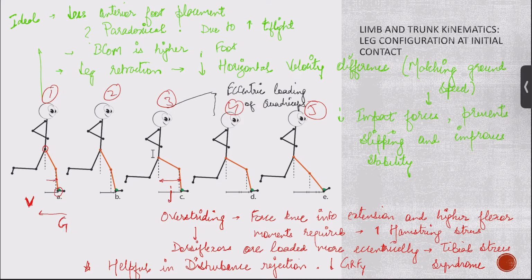This distance should be as small as possible, and the knee should be slightly flexed and the hip should be slightly flexed. So why is this ideal? Because the muscles in this configuration are at their optimal position and they can fire rapidly and with more stress.